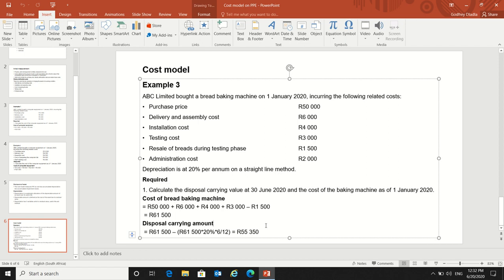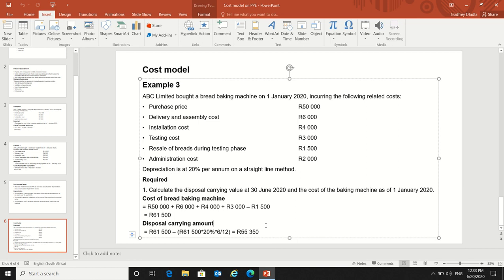Okay, now why did I do this? It's because some students, in the PPE note, have a tendency that when there's a disposal, they put disposal and then minus 61,500. You cannot put the cost price under disposal in the note unless the asset was bought today and sold today. That's the only way it can happen.